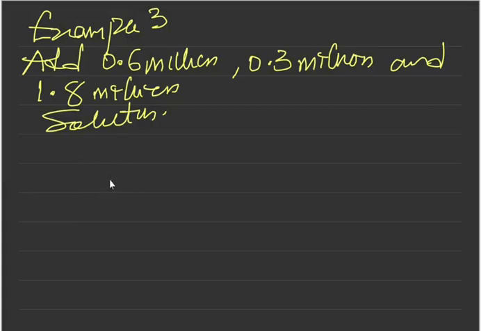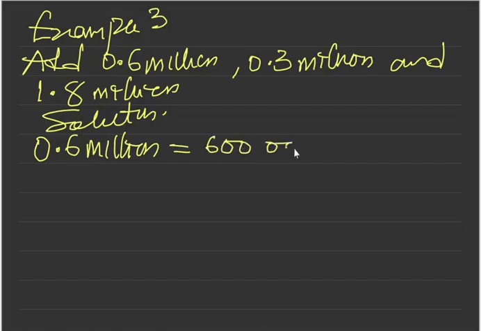What is the meaning of 0.6 million? 0.6 million is 6/10 of a million, that is 600,000. So anytime we have 600,000, it is 0.6 million.